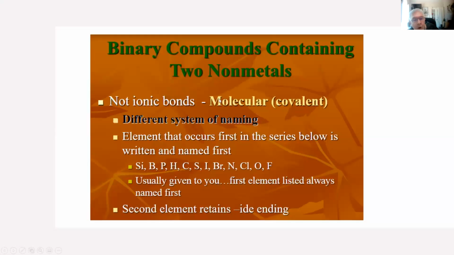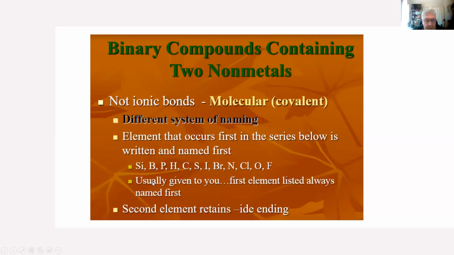When you have non-ionic bonds, it means that the compound is molecular or covalent. And it happens always when you have two nonmetals bonded, then you have to use prefixes to indicate the number of atoms.